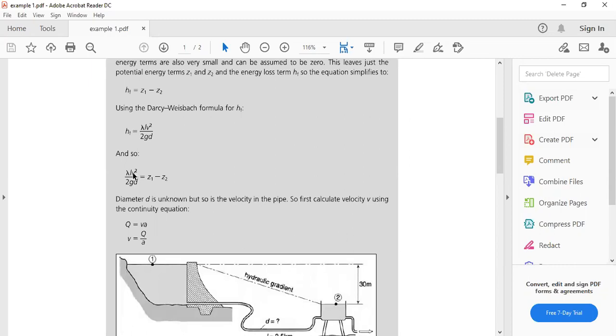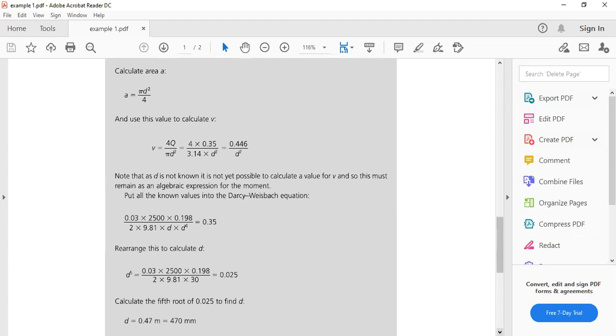So when we do that, it means that the only thing which will be missing in our equation will be the d, which is the diameter. And it means that we have accounted for our head loss. Now we just want to find the actual diameter. So when we put this in the equation, you end up with this, such that now your d, the diameter, is the only unknown parameter in your equation.